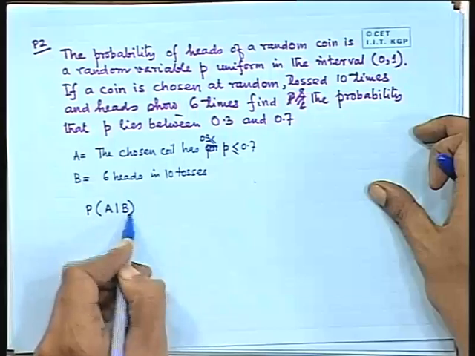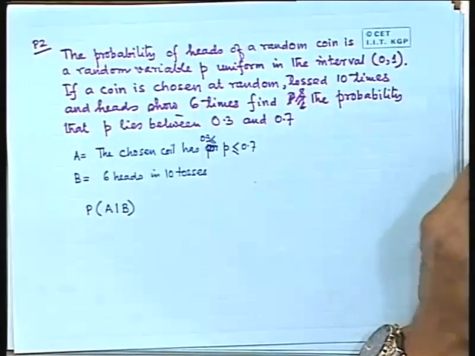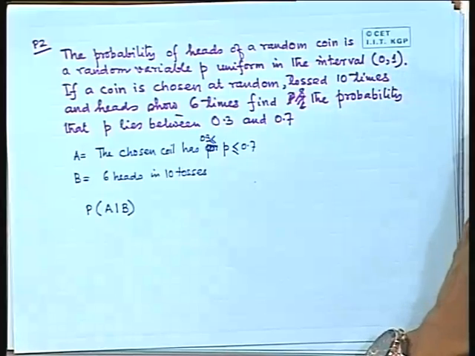Right. Now what are we supposed to find out? We are supposed to find out probability of A given B. This is what we are supposed to find out.